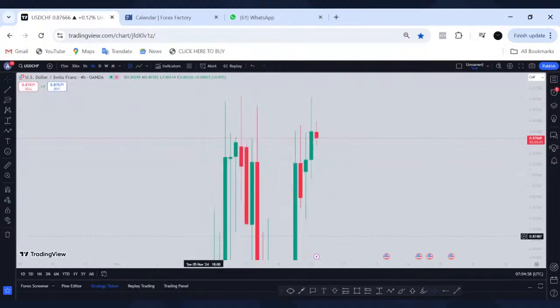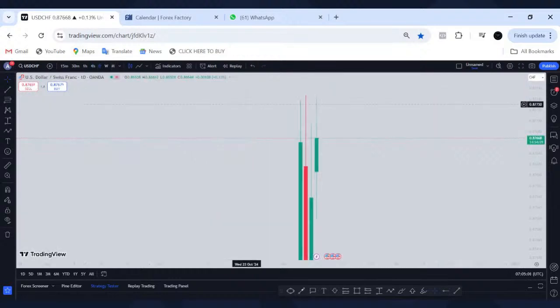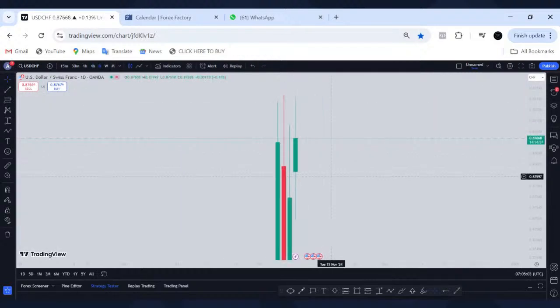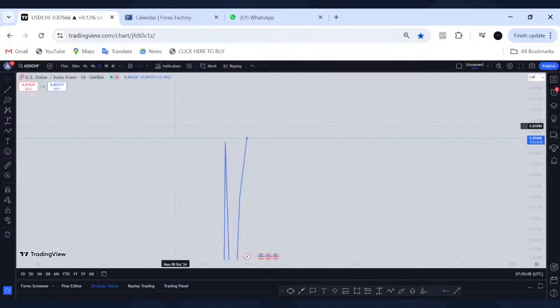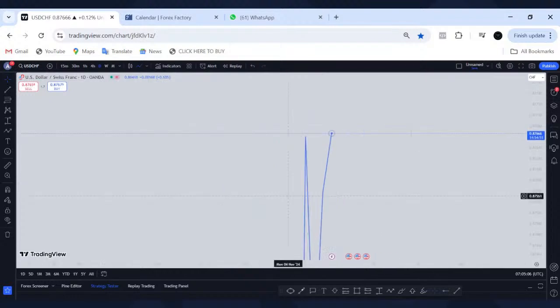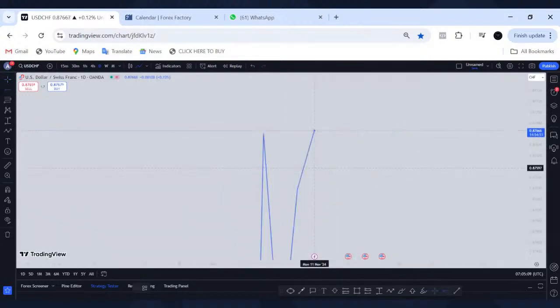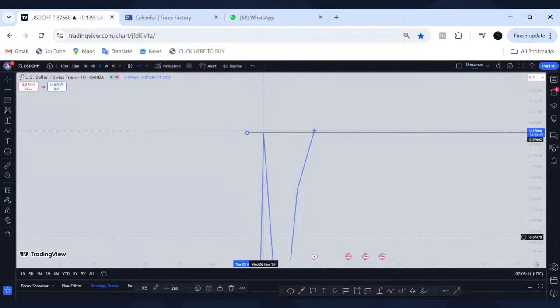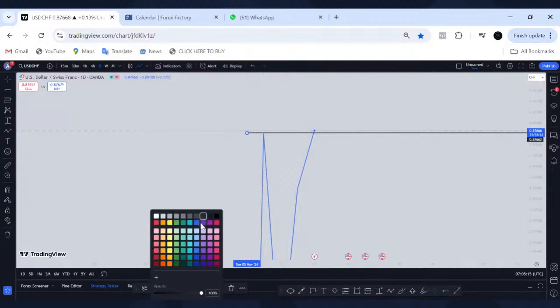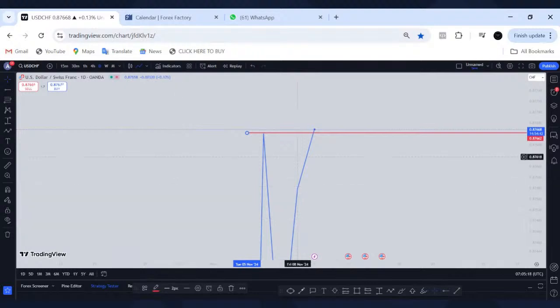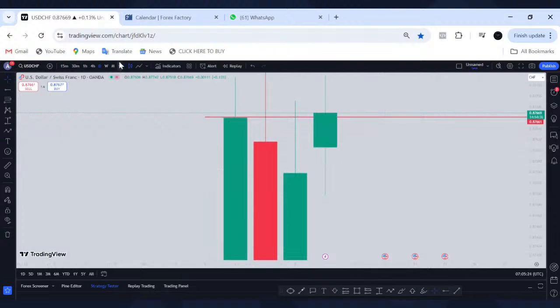So let me clean it. We are having the daily area of interest, or daily rejectional level.